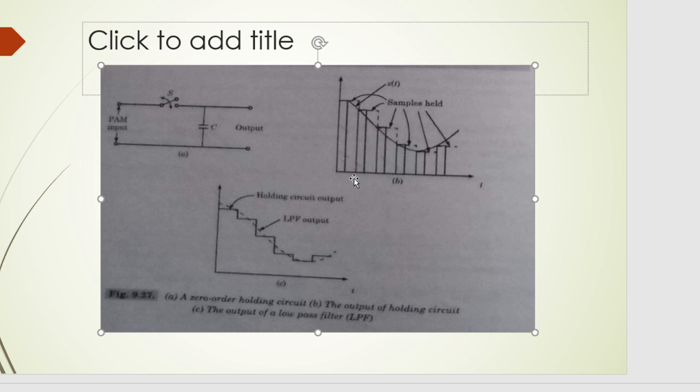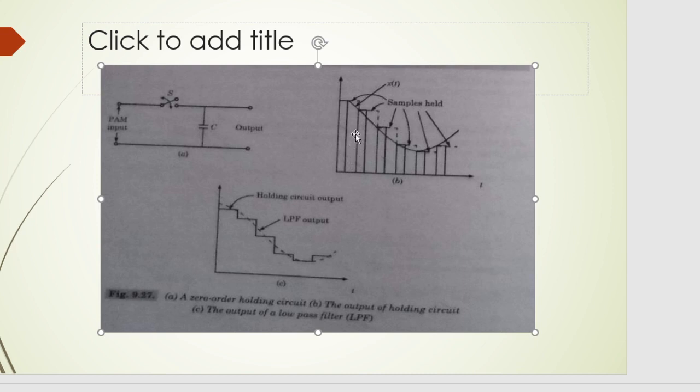Okay, so it will retain the sample value, or this charged value. So when the pulse is on or when the pulse amplitude is high, the switch is closed, the capacitor will charge, and when the pulse amplitude is 0, this capacitor will not discharge, but it will hold that charged value. Okay, so this is the first pulse and this is the second pulse. In between the pulses, the capacitor will be holding the previous sampled or previous charged value.